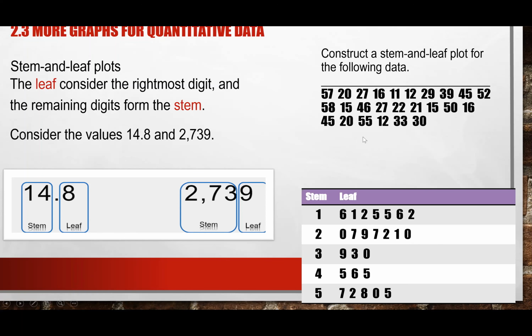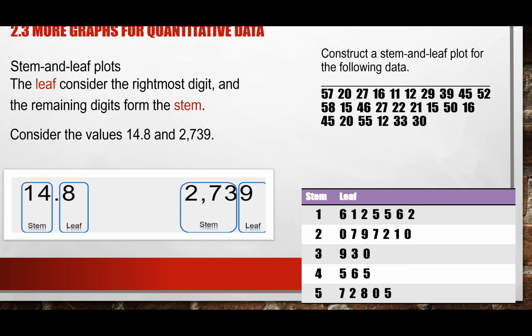So if your data are in the 100 range, then over here you have 10. If it's in the 1,000, you have the 100 at your leaf, okay? So first of all, that's the question with the stem and leaf: how to construct the stem and leaf, or how you have to type it in your Connect Math.